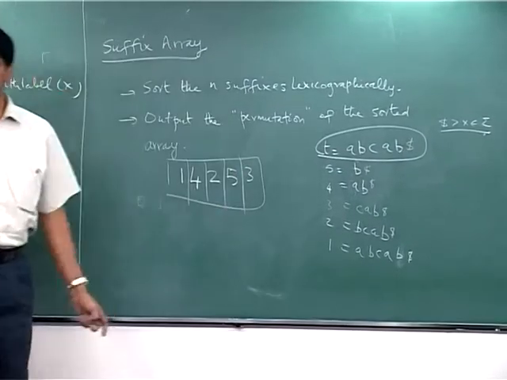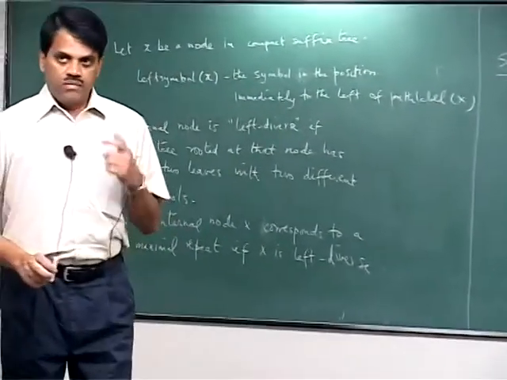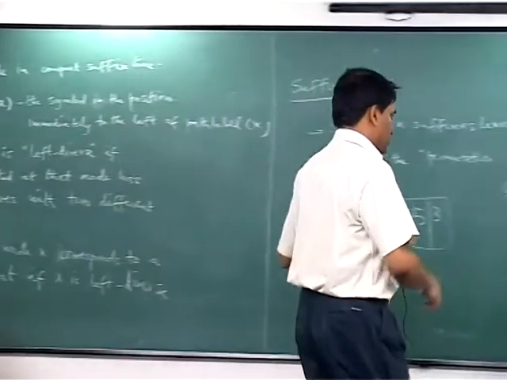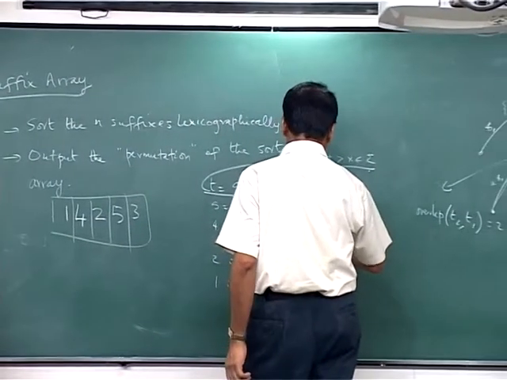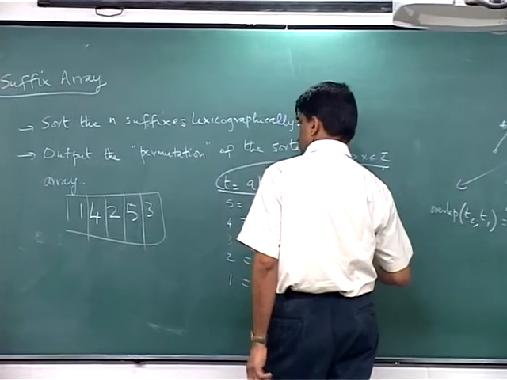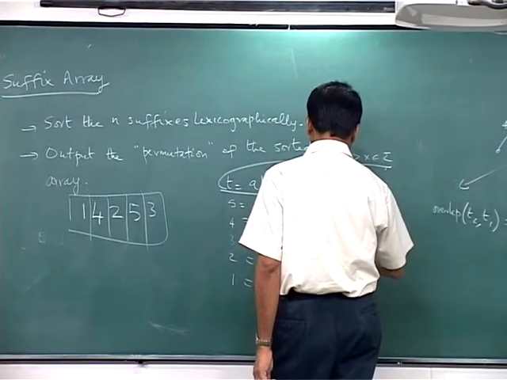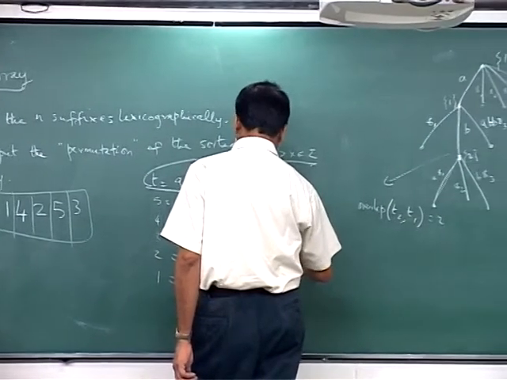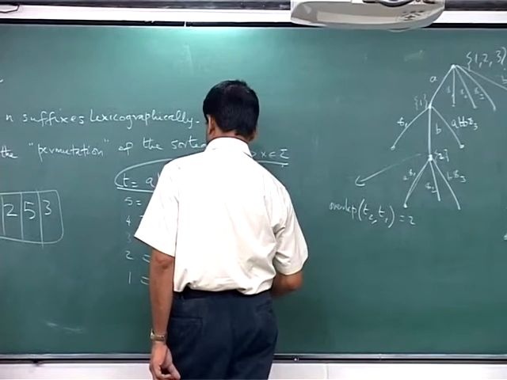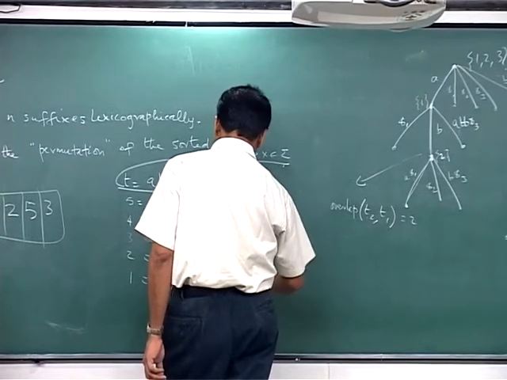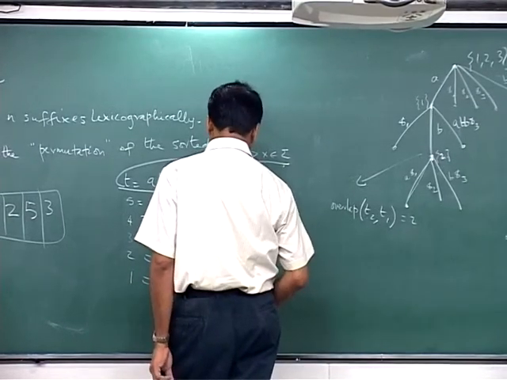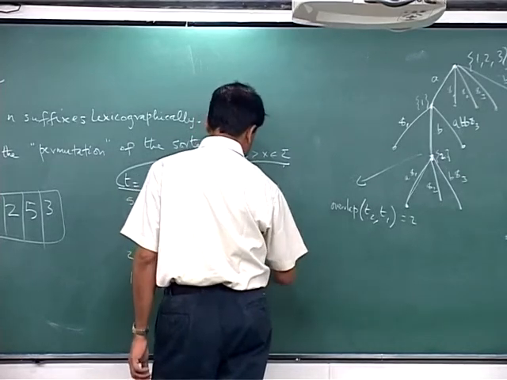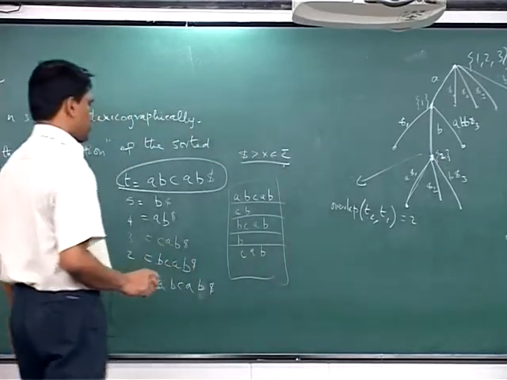It is just an array of permutation. So basically what I have done is I have sorted this. That means I have written this as ABC, AB, and then 4 which is AB, 2 which is BC, AB, B. These are all the 5 suffixes in sorted order.